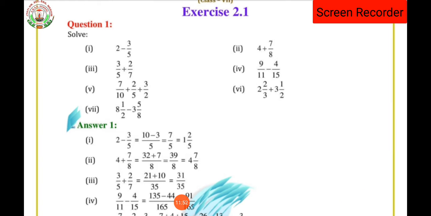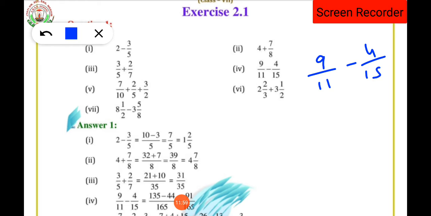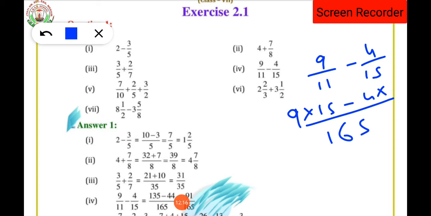Clear, everyone? So in the fourth part also it is the same, that is 9 upon 11 minus 4 upon 15. Take the LCM of both 11 and 15. How much will you get? That is 165. Now 165 comes in the table of 11, 15 times, and 165 comes in the table of 15, 11 times.